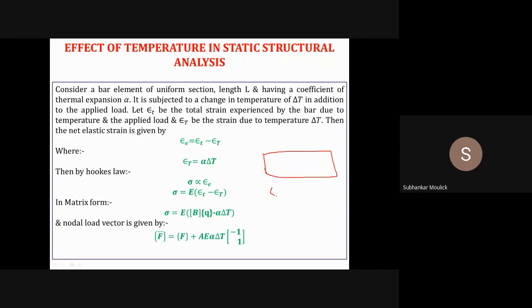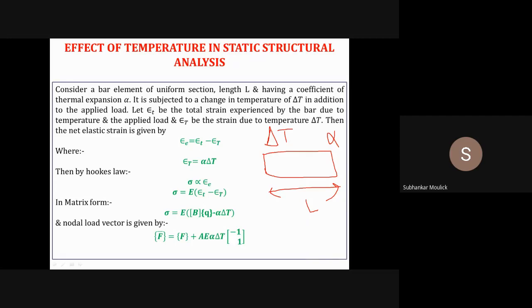Assume the length of this bar element is L. It has a coefficient of thermal expansion alpha, and it is subjected to a change in temperature delta T. That means due to some phenomenon, some change in temperature of this bar is happening.